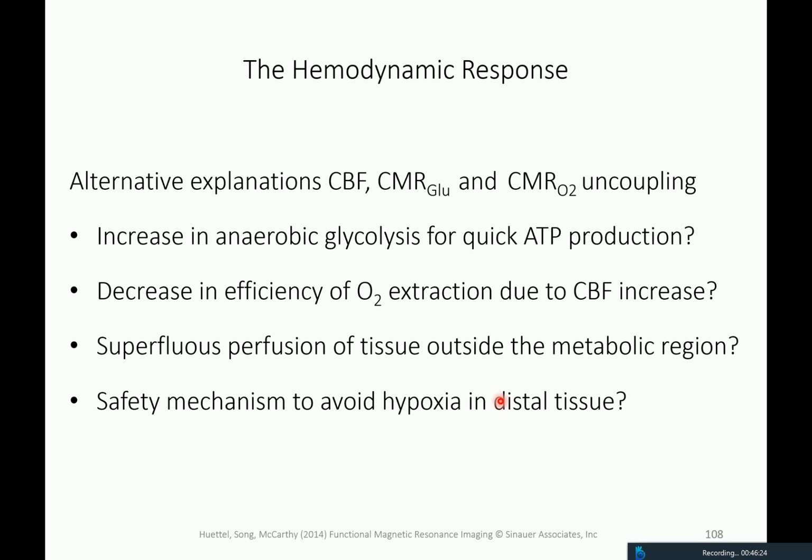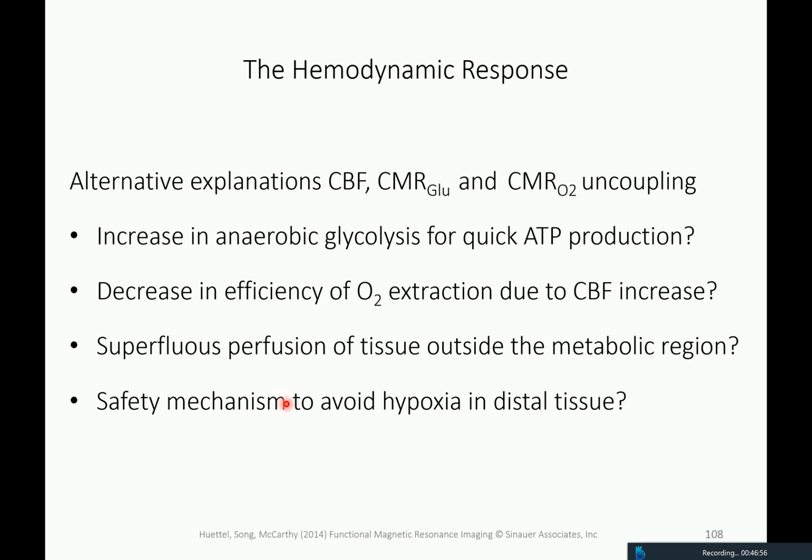So the question is, where is the metabolically active region? Under this theory, the metabolically active region is downstream, and what one sees in the region where one sees this increase in oxygenated hemoglobin is superfluous. This goes differently here.